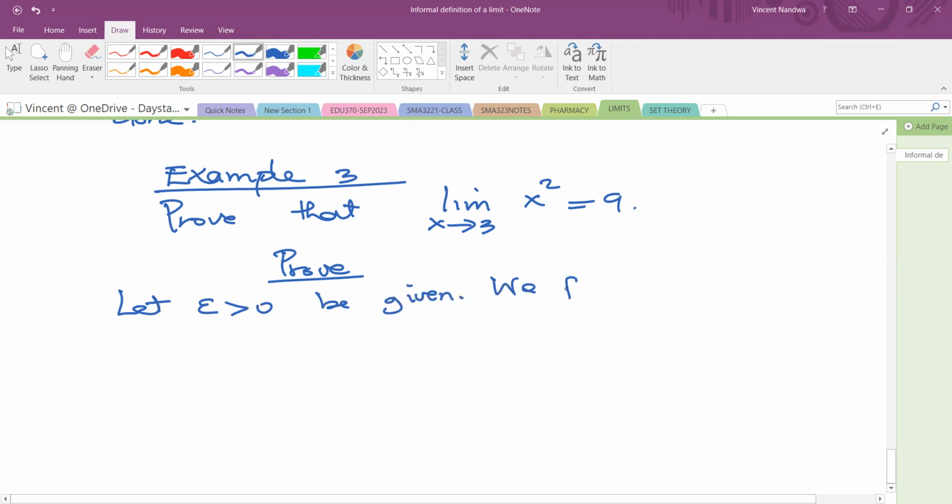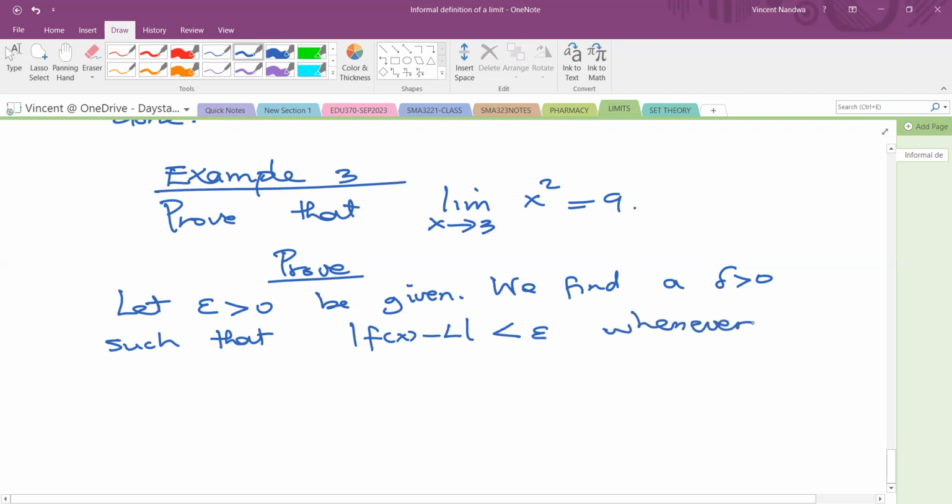So we find a delta which is also positive, such that absolute of f of x minus L is less than epsilon, whenever absolute of x minus a is less than delta.